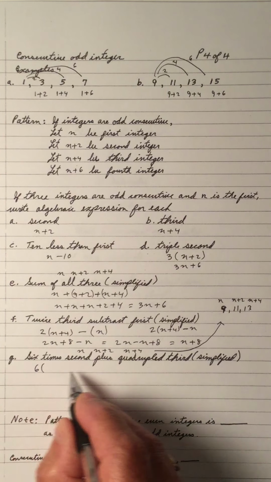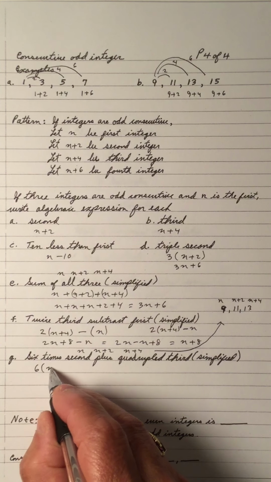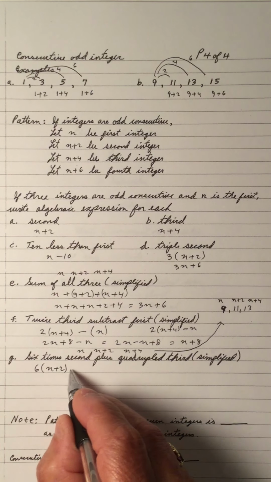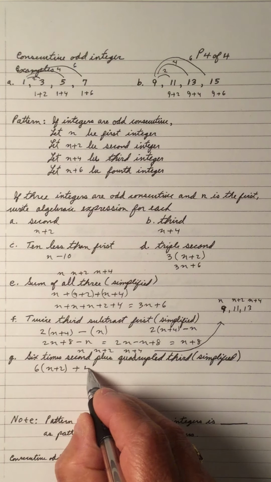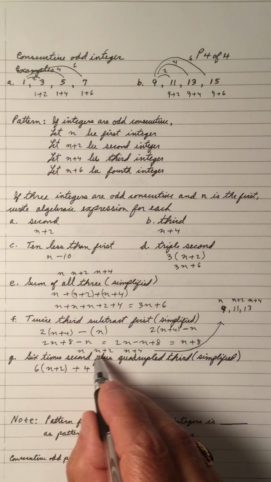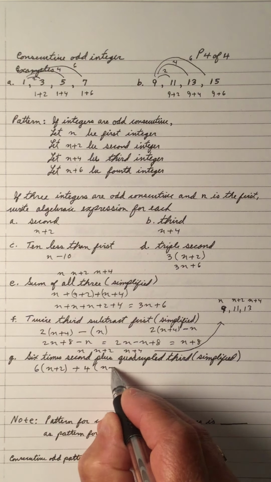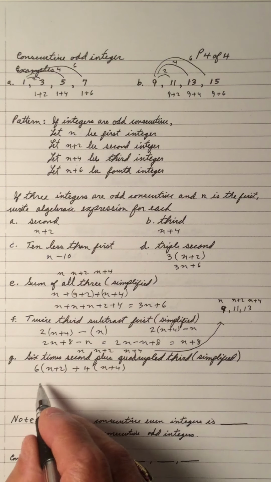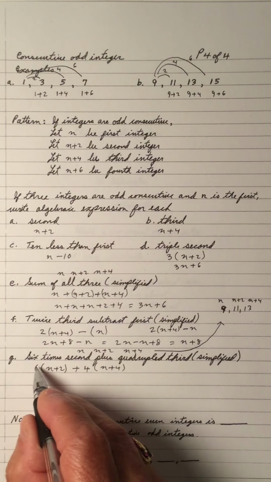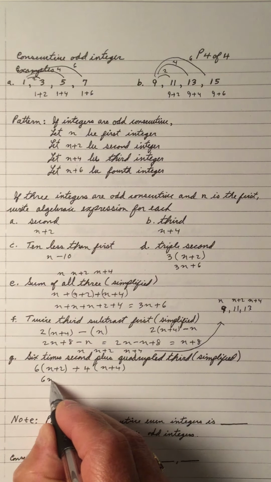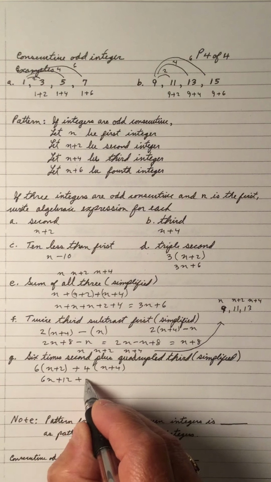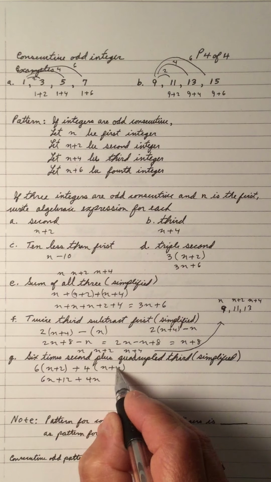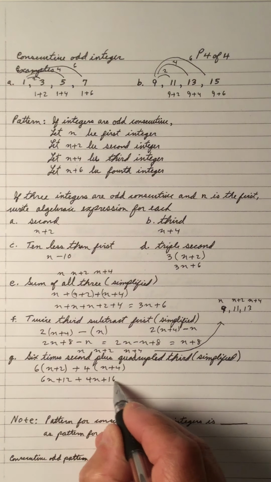So 6 times the second one, which is n plus 2. Add on quadruple the third. Quadruple is 4 times the third. So first, second, third, n plus 4. And multiply by distributive property. 6 times n. 6 times 2. 4 times n. 4 times 4, 16.